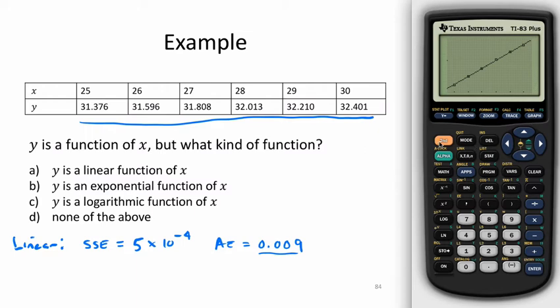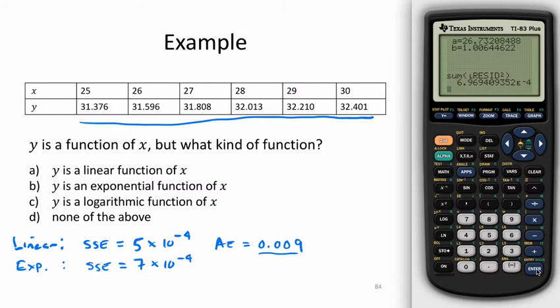I'm not sure, so let's go ahead and calculate the SSE, the sum of the built-in residual list squared. The exponential regression gives me about 7 times 10 to the minus 4. That's more error than in the linear fit.